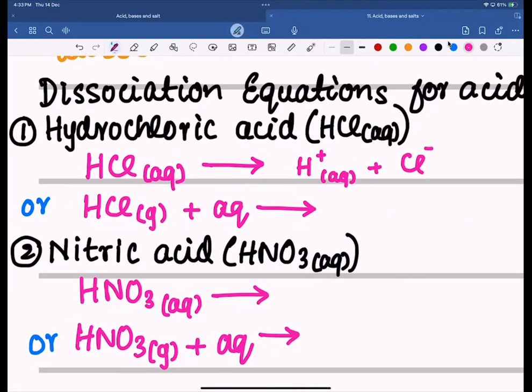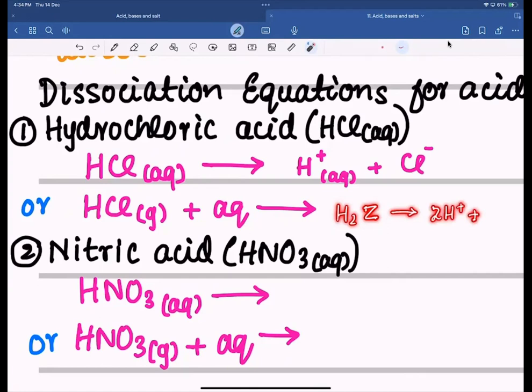Okay, so if there are more hydrogens than this one, for example, if instead of HCl, its formula is like H2Z, where Z can be any negative ion, then when it dissociates, how many hydrogens is it going to produce? Two hydrogen ions.